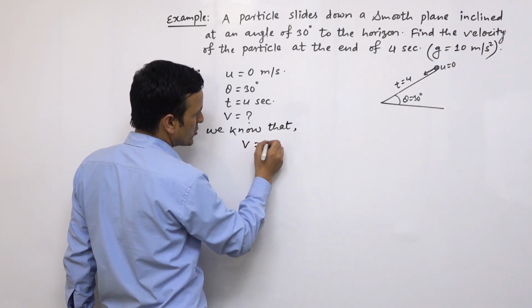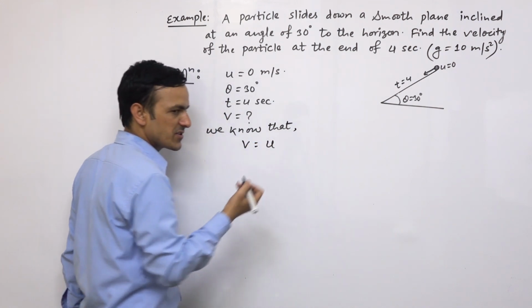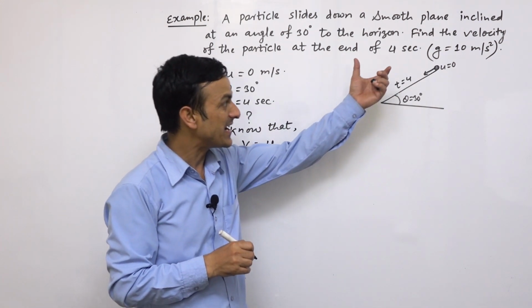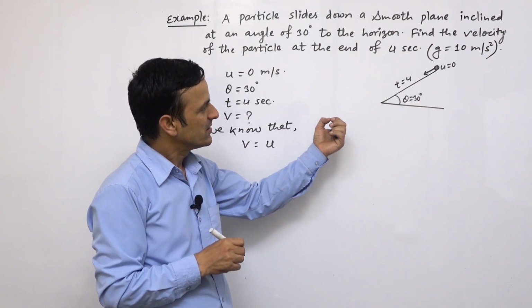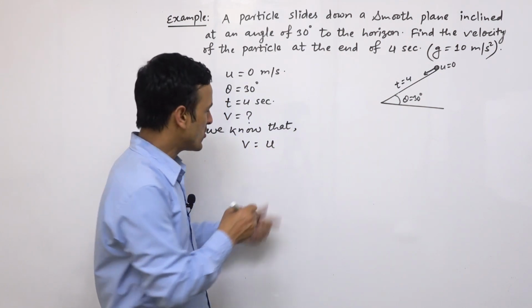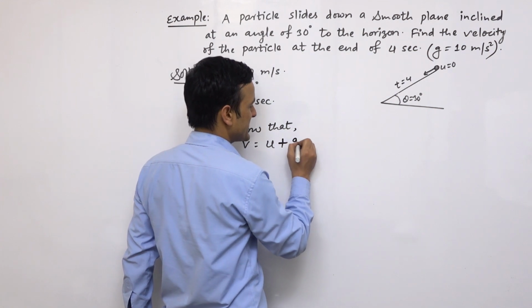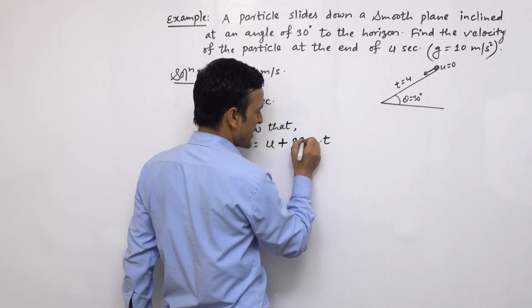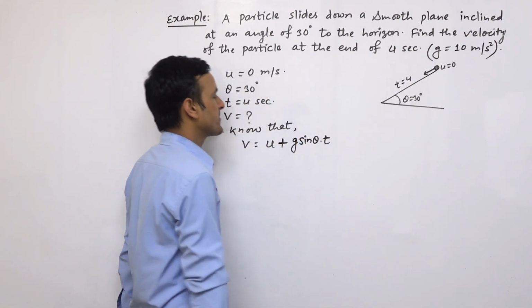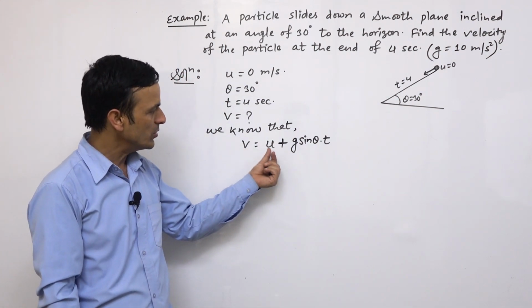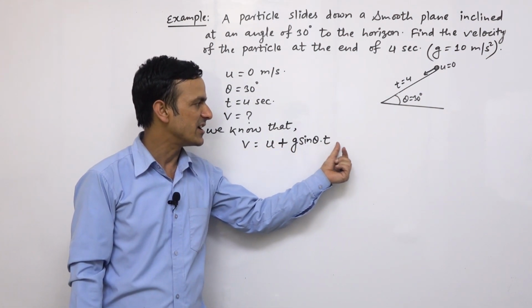So v is equal to u plus or minus, which one? Because the body is sliding downwards, write down the plus sign. So it is gt, and now here g sin θ comes. So the formula is v is equal to u plus g sin θ into t.